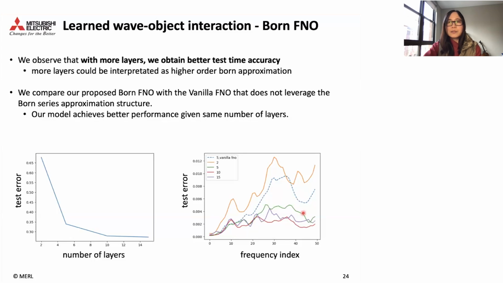And also because we tie the parameters for all the layers, meaning that we keep the parameters for every layer to be the same, it is actually easier to train. So this gives quite a lot of benefit in just using a little bit of knowledge from the physics.